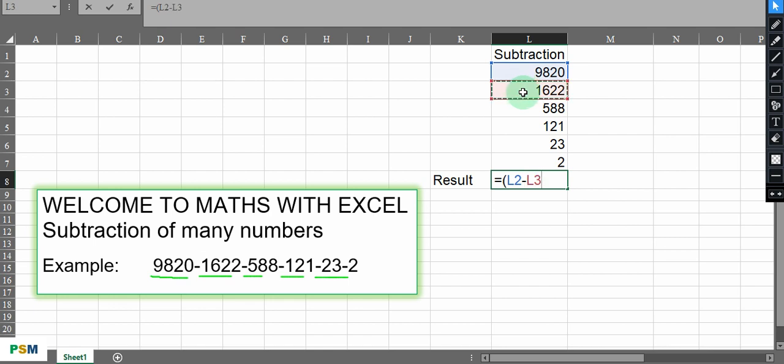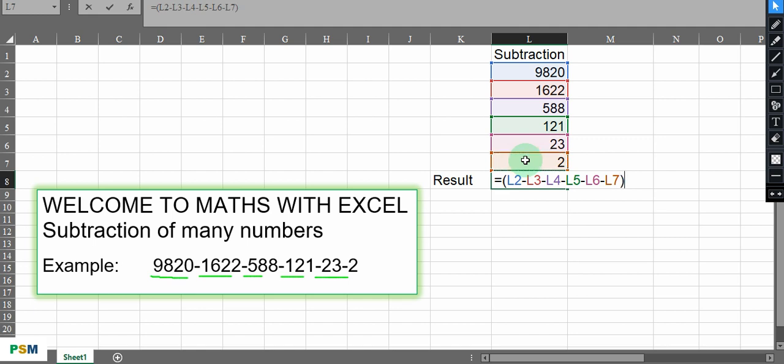Its address is L3, minus the next number L4, minus the next number L5, minus the next number L6, minus the next number L7. You close the bracket.